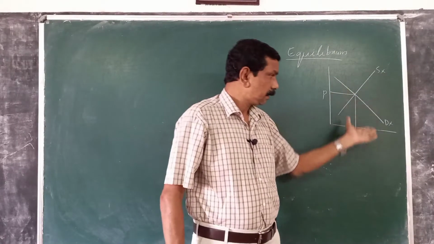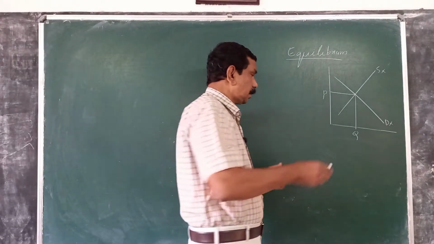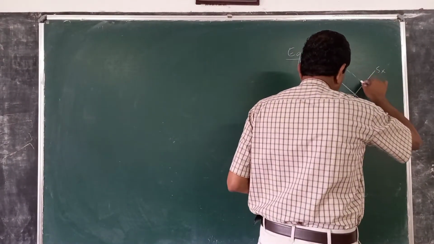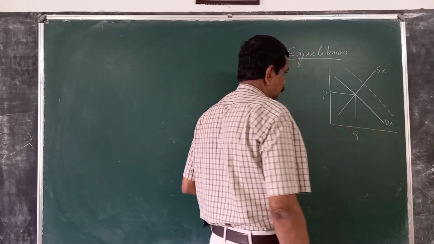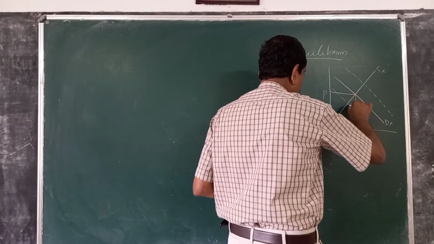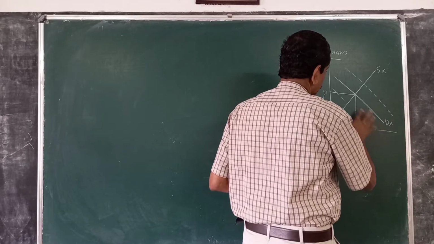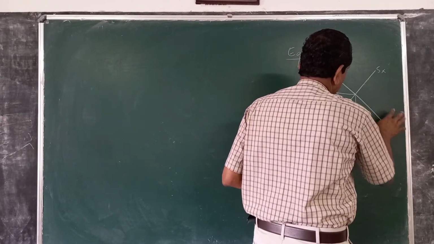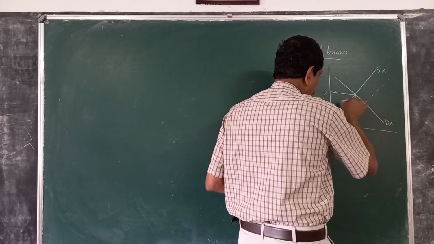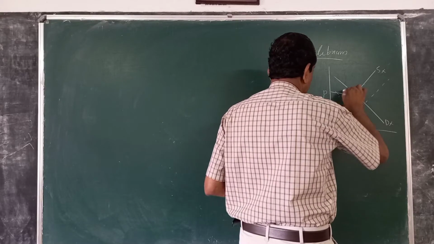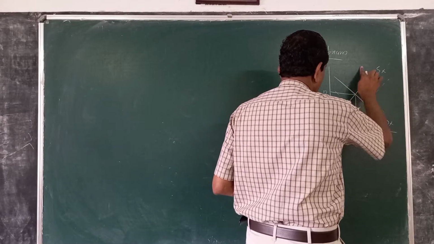If there is a change in any of these factors, equilibrium will change. For example, an increase in the demand for the commodity usually increases both the price and quantity. Similarly, a decrease in demand reduces both the price and quantity. That is one shift. An increase in supply increases quantity and reduces price, whereas a reduction in supply usually increases price and reduces quantity.